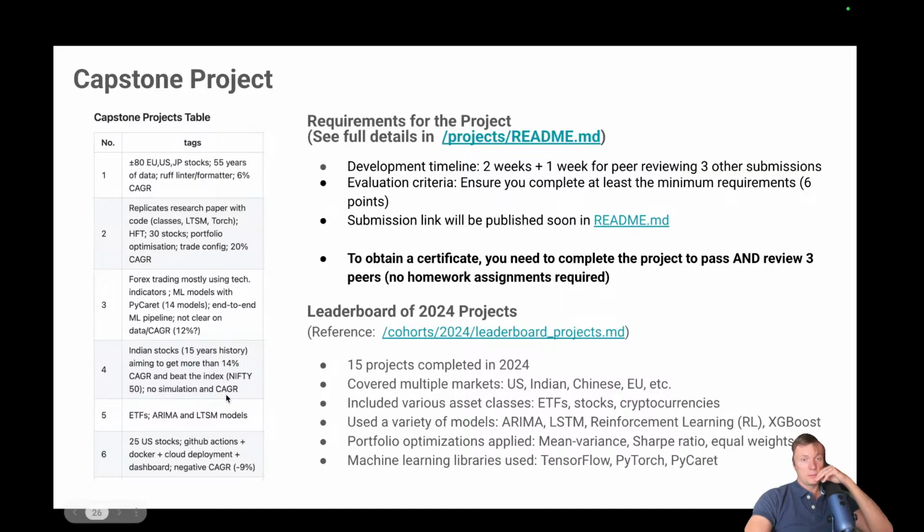If there is an advanced automation, like here you see GitHub Actions, Docker, Cloud Deployment, and the dashboard, but negative average growth rate. So you can combine all of these solutions and have a great project for yourself.